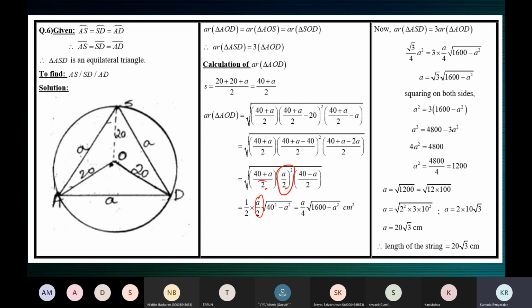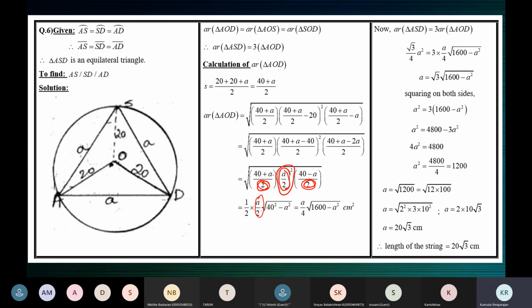And here the denominators 2 and 2. Of the 2 2's, 1 2 will come out. But the 2 is in the denominator, so you need to write it as 1 by 2. So of these two 2's, 1 2 comes out, so 1 by 2, and then 2 a by 2's we have, so 1 a by 2 out.